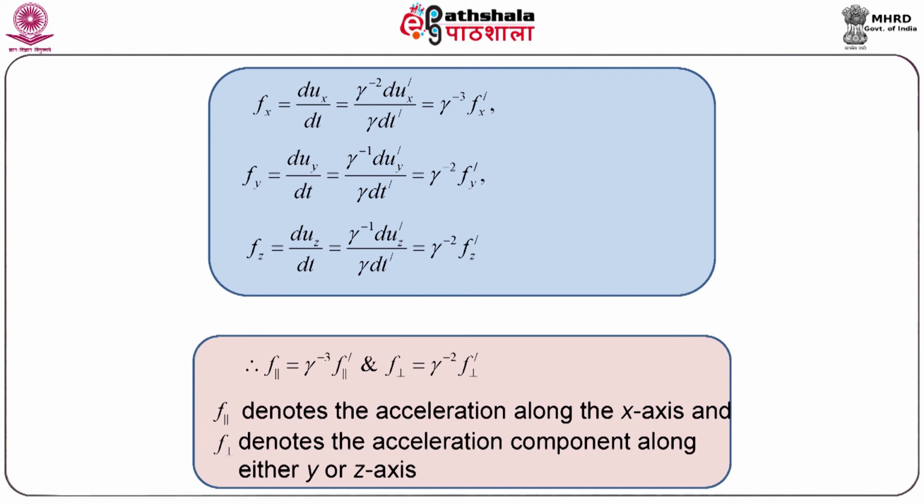F perpendicular is equal to gamma to the power minus 2 into f perpendicular dash. Please note that these two results differ from one another. F parallel denotes the acceleration along the x axis, whereas f perpendicular denotes the acceleration component along either y or z axis.